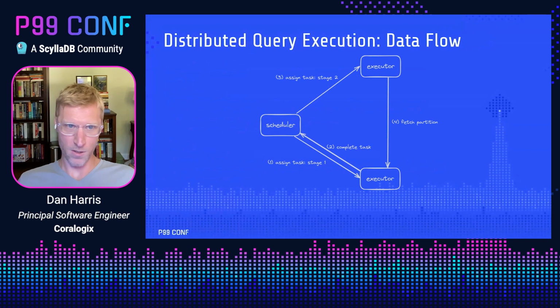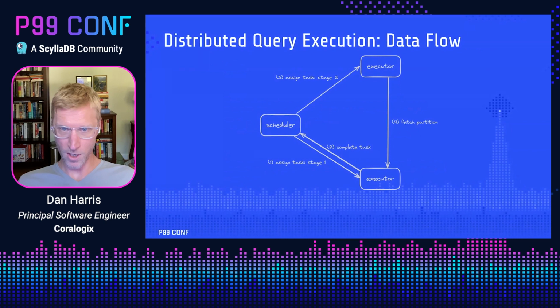And so how this is typically orchestrated in our execution model is the scheduler will get the query and it'll create that two-stage execution plan. And then it will orchestrate the task execution among the executors. So in this case, we have two stages. Stage 2 needs to run after stage 1. So the scheduler will distribute those 1,000 partition tasks to executors as they're available.